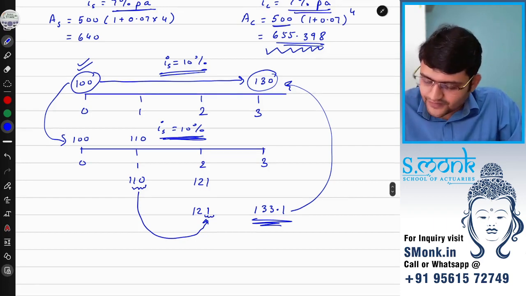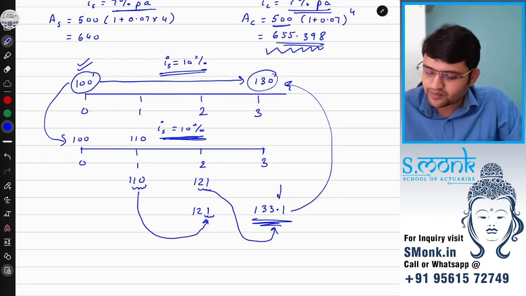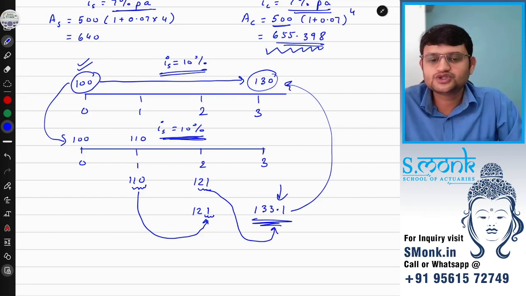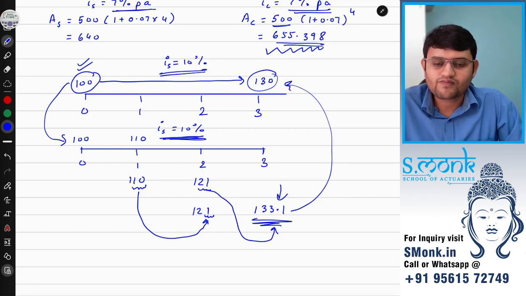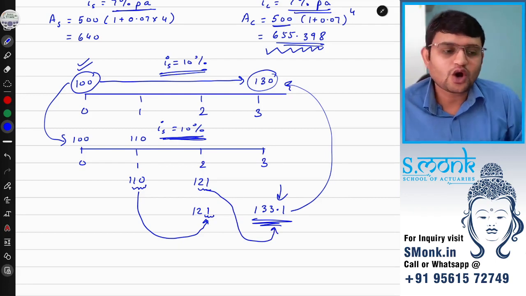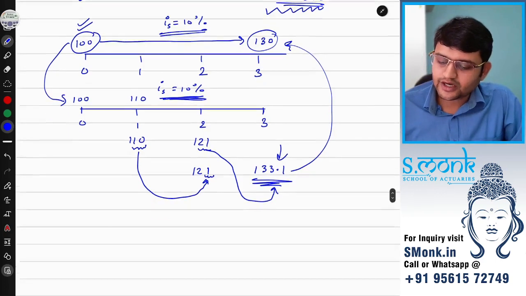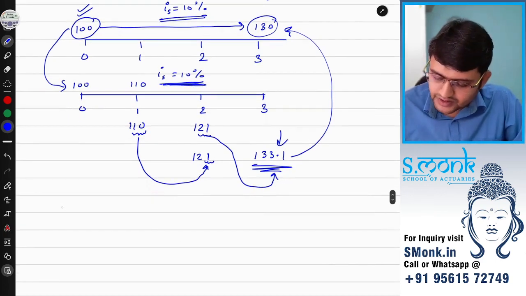And this 21 earned interest here, this extra 3.1 rupees is due to that 21. So you're earning interest on interest as well. That is what the calculation of compound interest does.